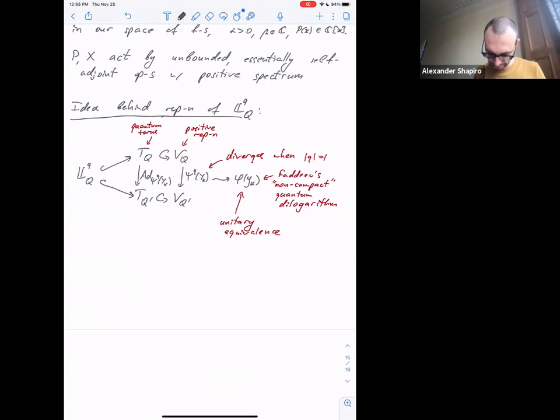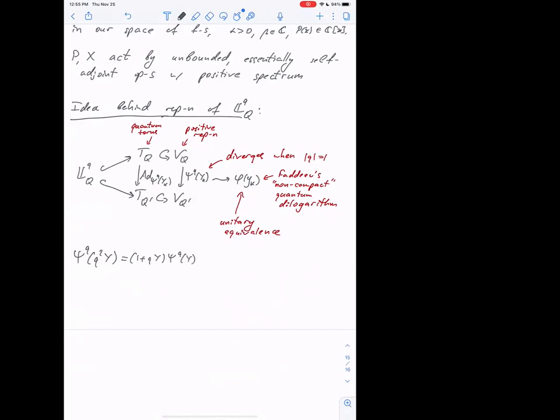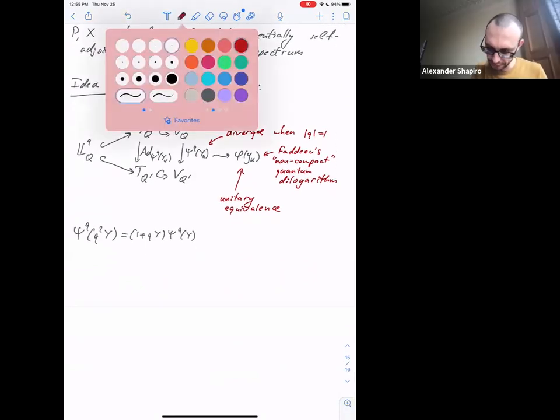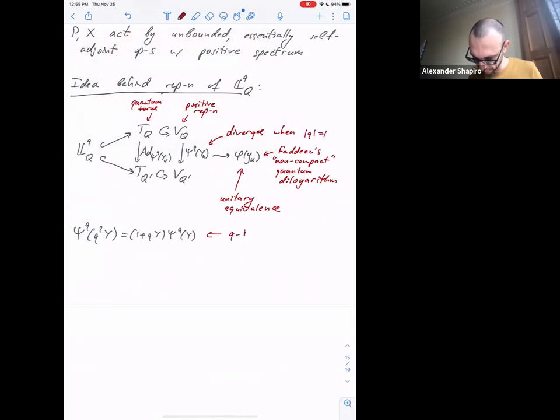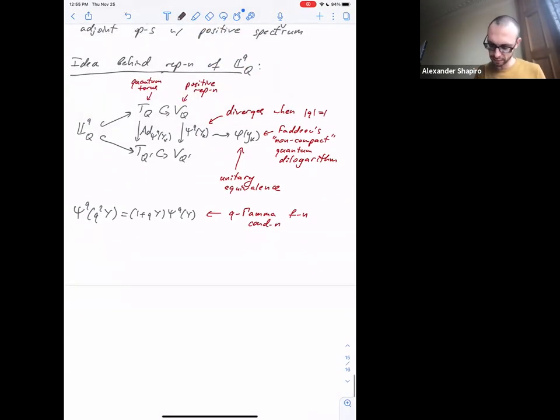We've seen last time that this usual quantum dilogarithm satisfies this condition. And this is really an analog of a gamma function. That's what people call the Q-gamma function condition. On the level of this non-compact quantum dilogarithm, you can write the same thing.